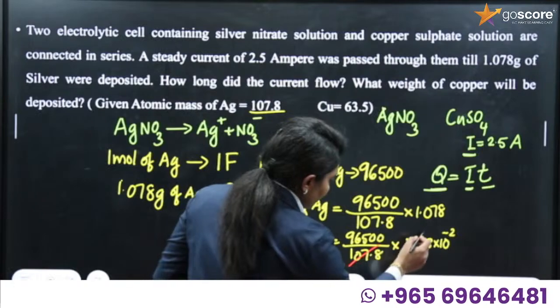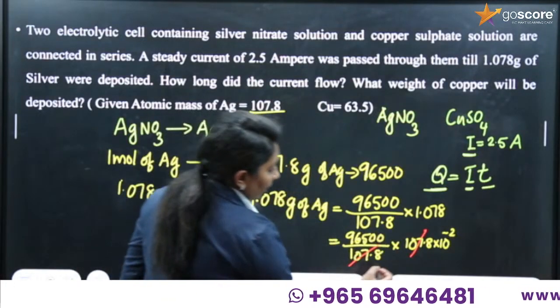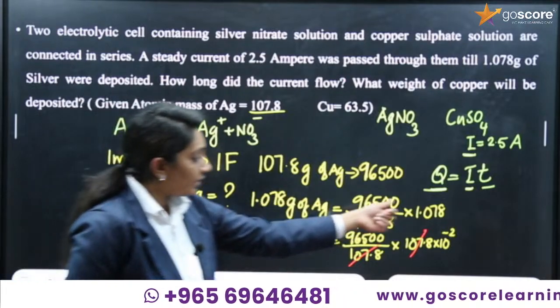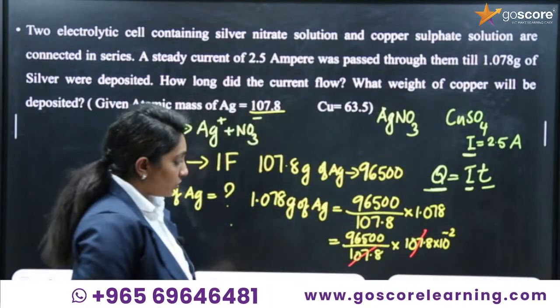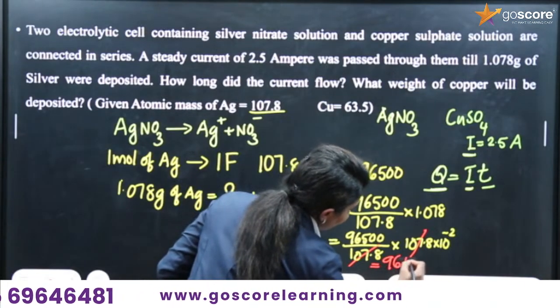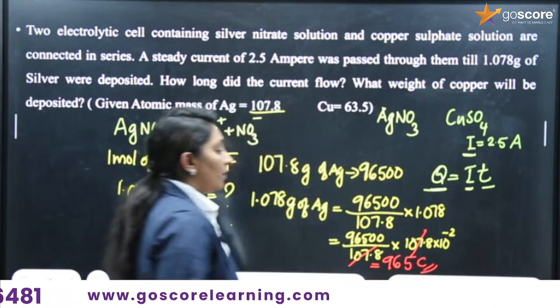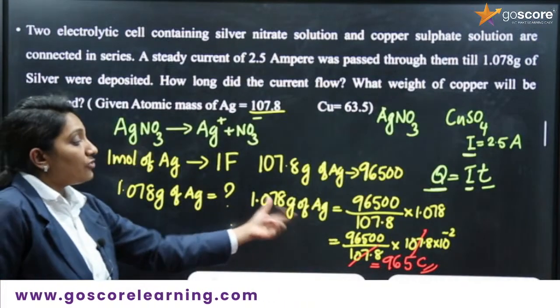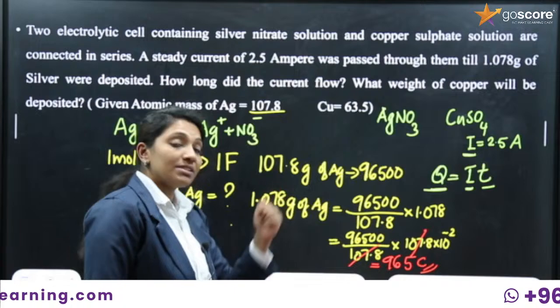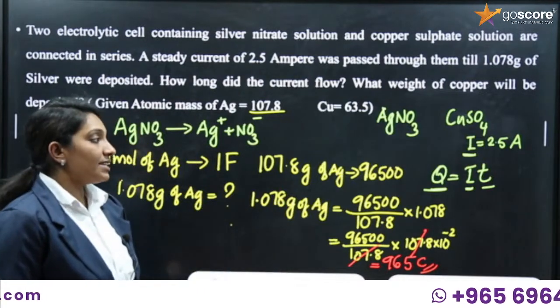So these two terms will be cancelled, and in the final I will get 96,500 into 10 to the power minus 2, that is equal to 965 coulomb. This much charge is required for the deposition of 1.078 gram of silver.